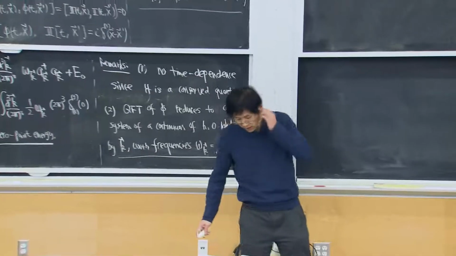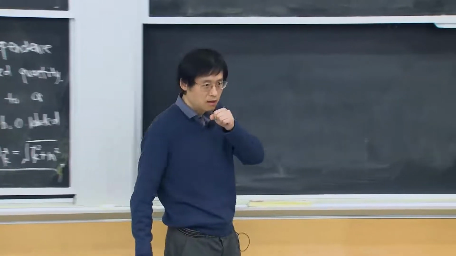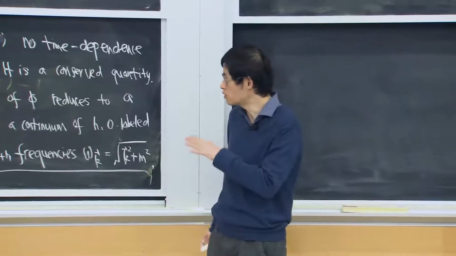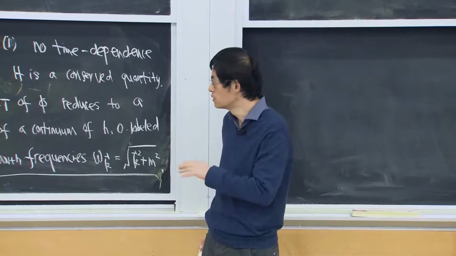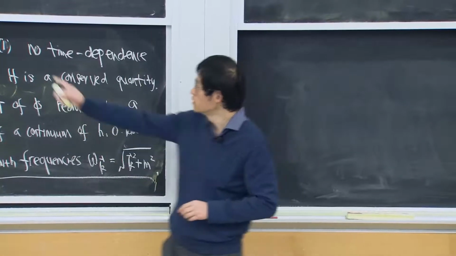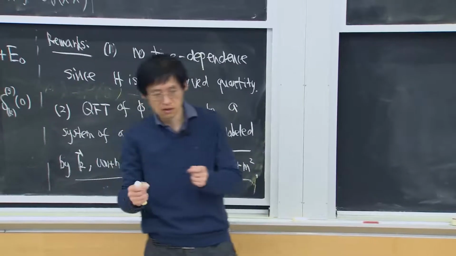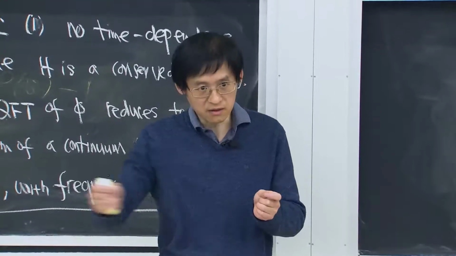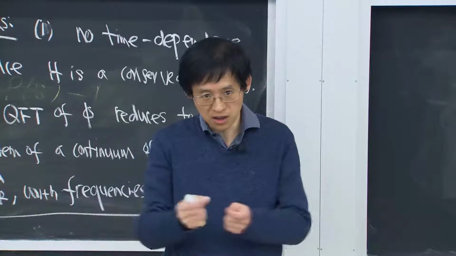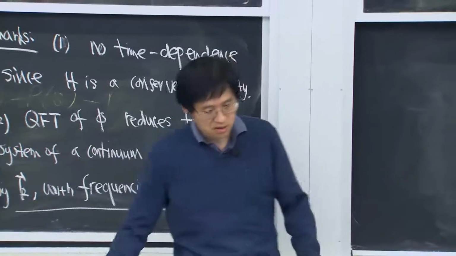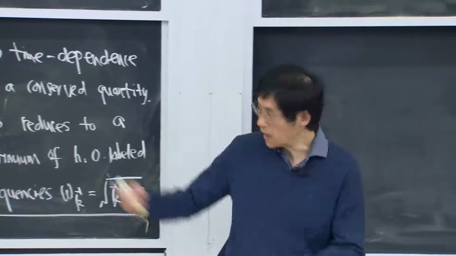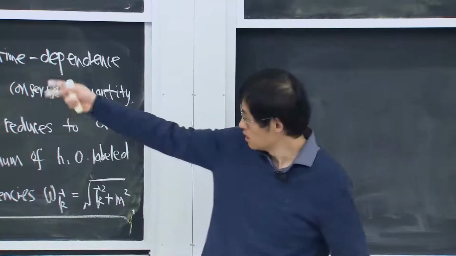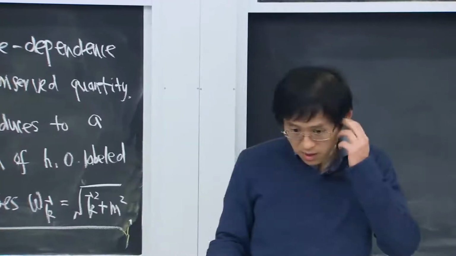As we mentioned last time, the fact that we see an infinite number of harmonic oscillators is not surprising from the perspective that this field theory can be written as the continuum limit of a chain, say, of atoms connected by springs. When you have a chain, we draw a one-dimensional system, but you can easily generalize to three dimensions.